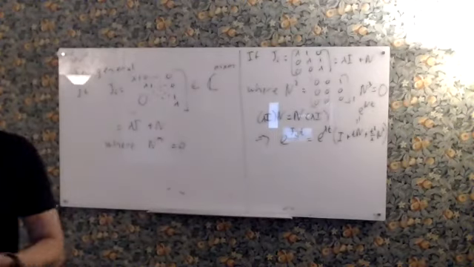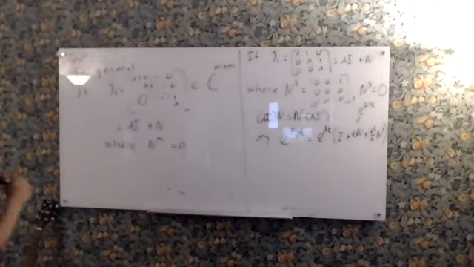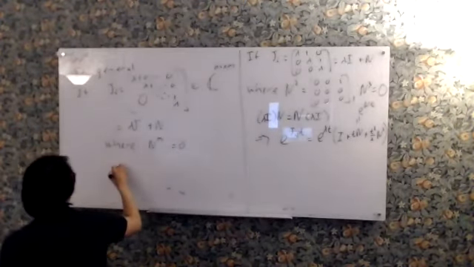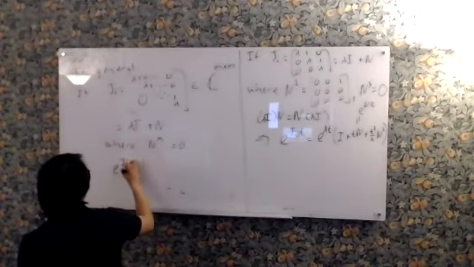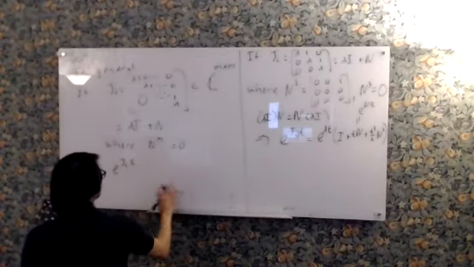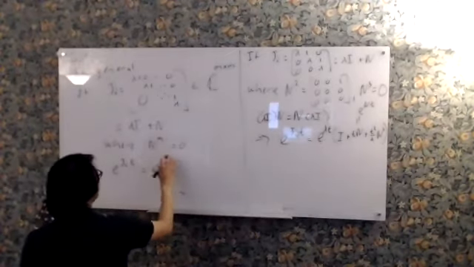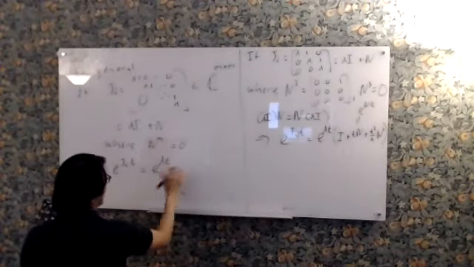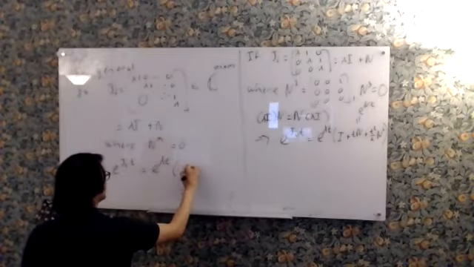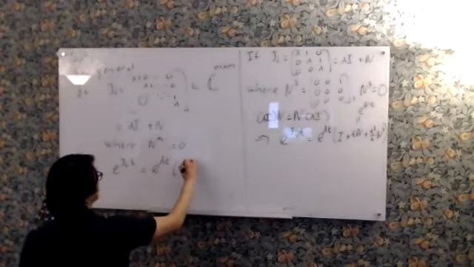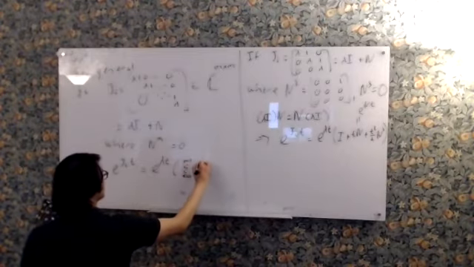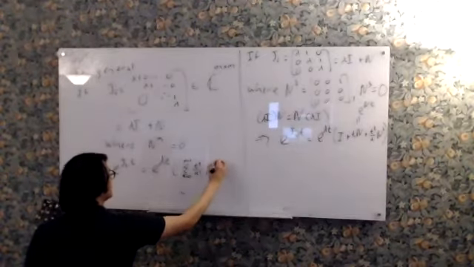And so what this is going to tell us is that e to the Ji t is actually going to be equal to e to the lambda t times the matrix exponential of that thing, which is the sum from k equals 0 to m minus 1 of t to the k over k factorial N to the k.